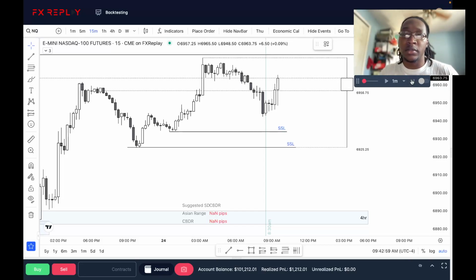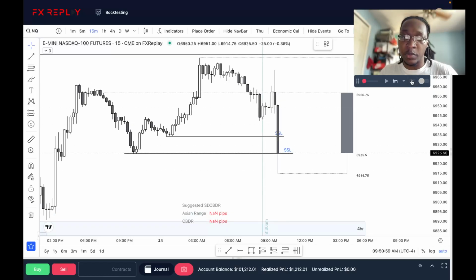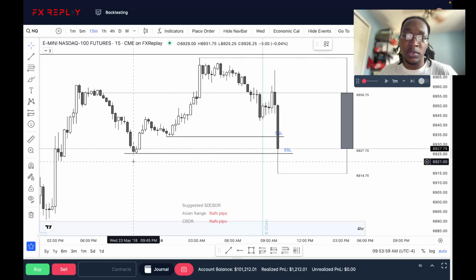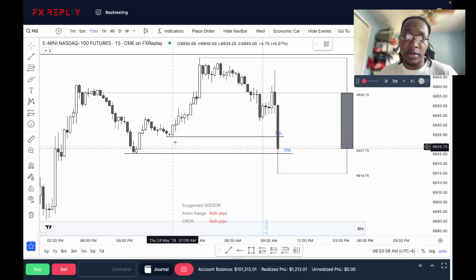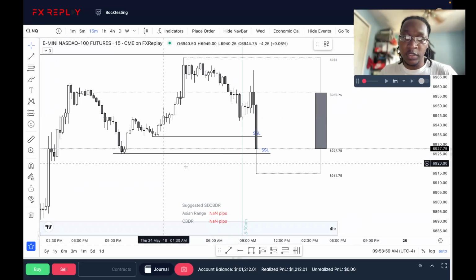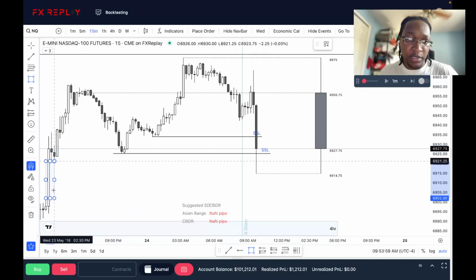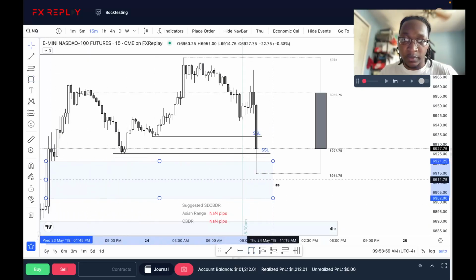Starting to push higher a little bit, and we start to get that drop down, sweeping sell side, nice. If we get a close above any of these lows here, then that'll give me reason to drop down into lower time frame to look for the entry protocol, as well as tapping into this fair value gap over here.